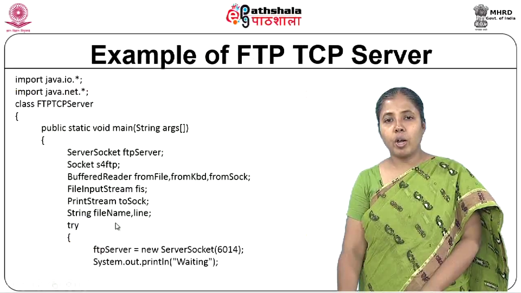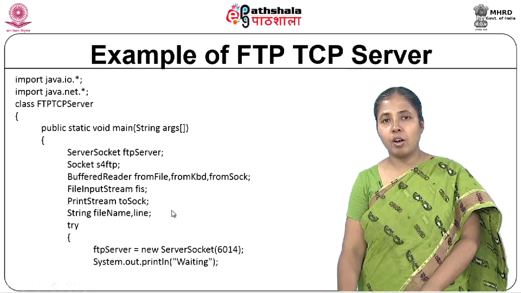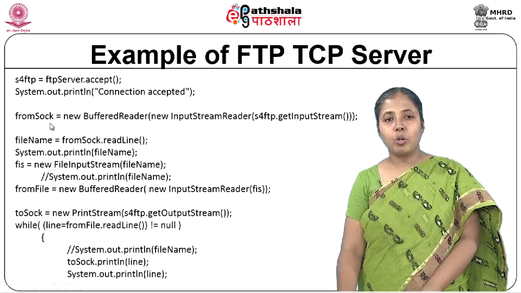And this is a program which shows file transfer between the server and the client. So, we create a FileInputStream for reading the file, and we create a FileOutputStream for writing to the file. In this code you can see that we create a new file stream, we open that file, and we read from the socket and write to the file.